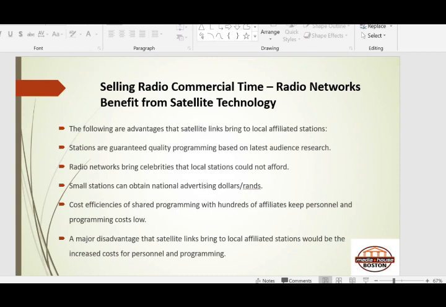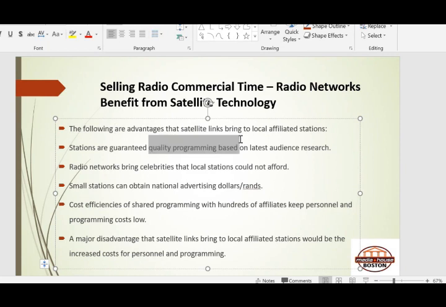Okay. So what about satellite technology? In other words, your satellite transmissions, your digital transmissions. Stations are guaranteed quality programming based on latest audience research. Radio networks bring celebrities that local stations could not afford.